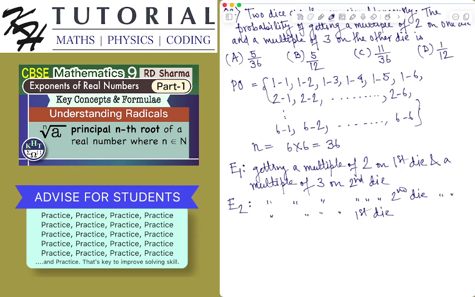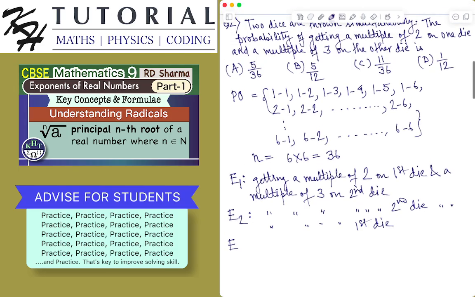Then let's say event E is the event whose probability has been asked in the problem, that is getting a multiple of 2 on one die and a multiple of 3 on the other die.